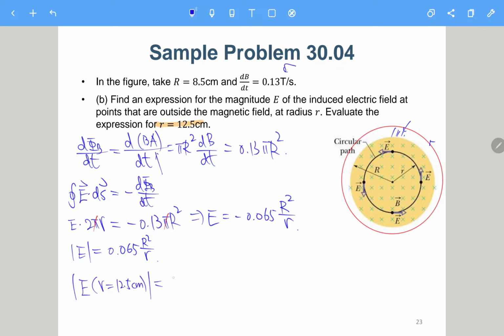So this number is 0.065, and then capital R is 0.085 quantity squared over small r, which is 0.125. So this is 3.8 millivolts per meter. Okay.